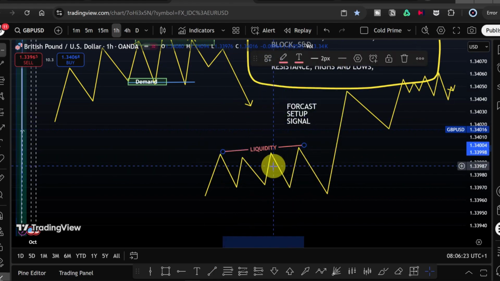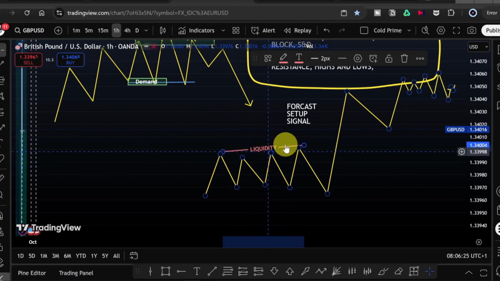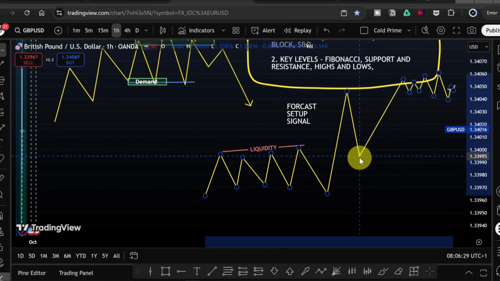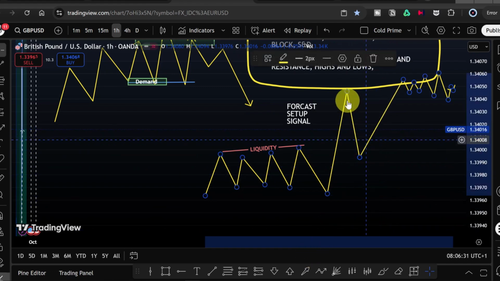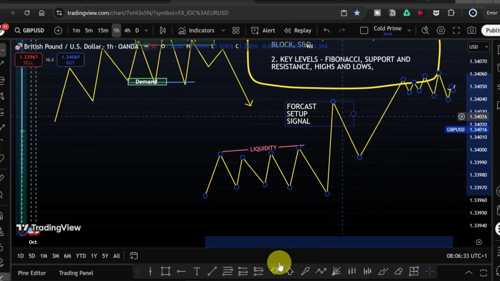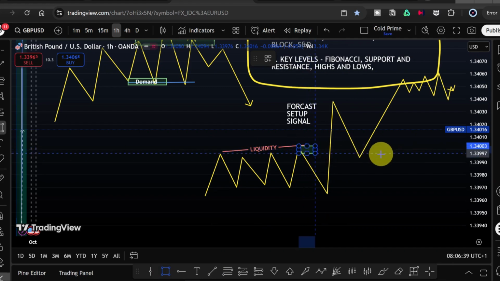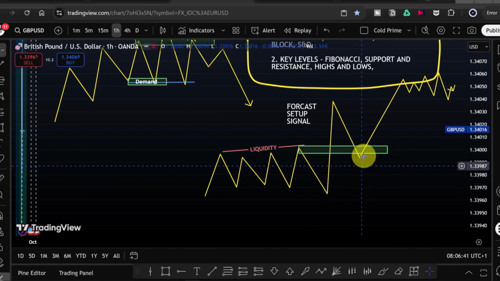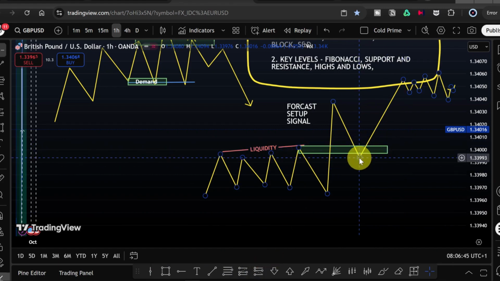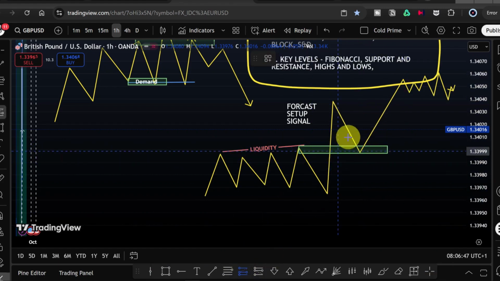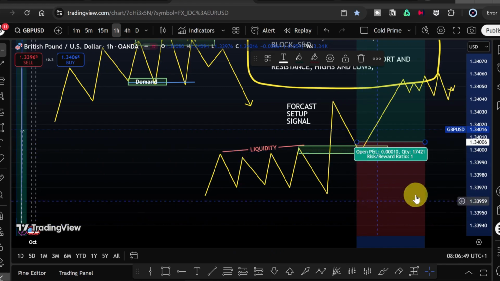So you could wait for market to break out of these highs, and once market breaks out of this high, you could look into maybe entering somewhere around here. So once market made that retest, then you look to buy from here.